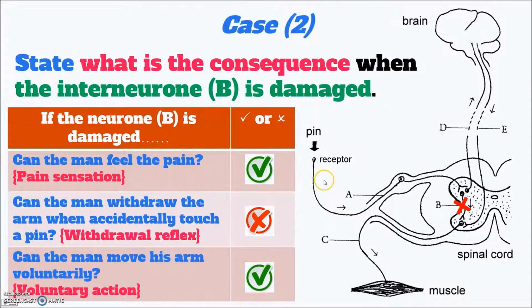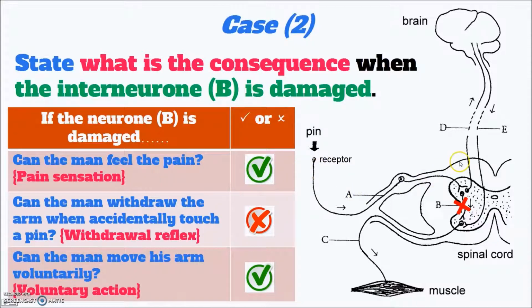So it's a very strange case because this man can feel the pain, but he cannot perform the withdrawal reflex. You may think, no, this man cannot protect himself at all. But actually, because he can withdraw his arm voluntarily, somehow he can protect himself, but by the voluntary action and not the reflex action.